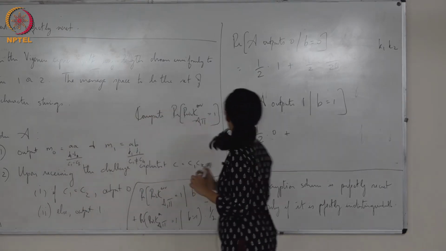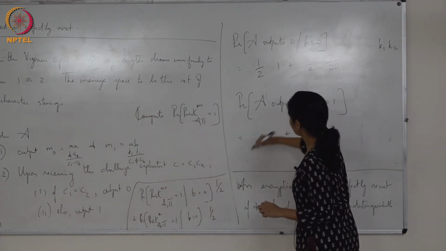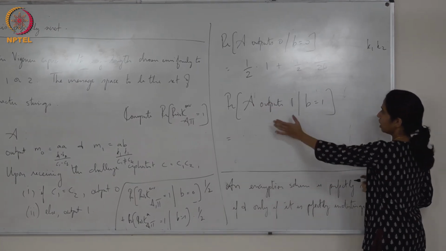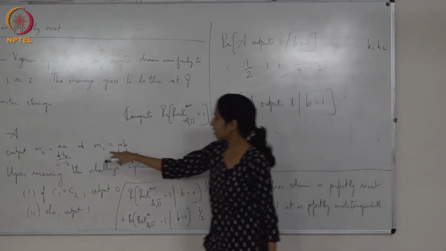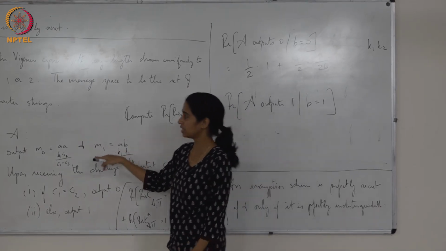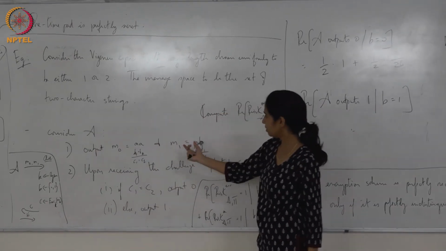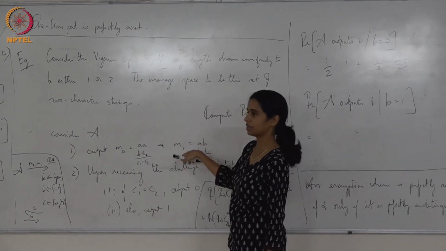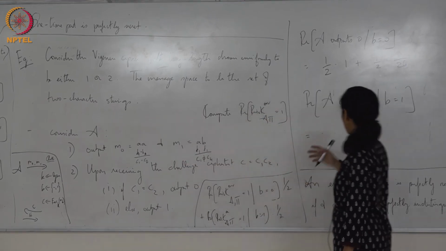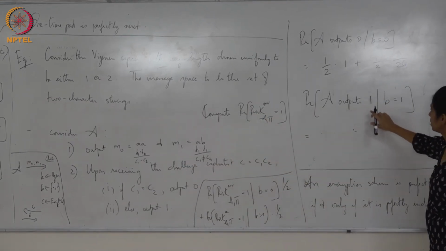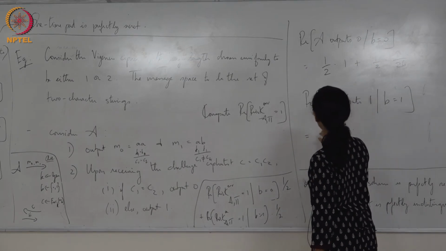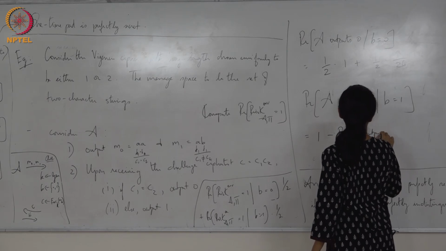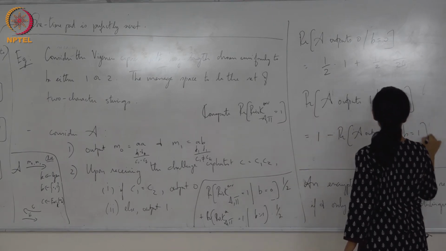Okay, right. So just to re-establish, because I don't know if the discussion was confusing, when B is 1, we, the experiment, are encrypting the message M1. So the experiment when B is 1 encrypts M sub B, which is M1. Actually it is in fact easier to compute probability A outputs 1 conditioned on B equals 1 as 1 minus probability A outputs 0 conditioned on B equals 1.